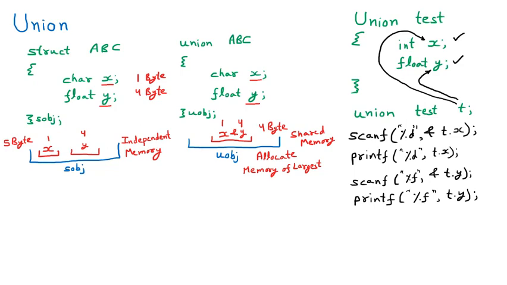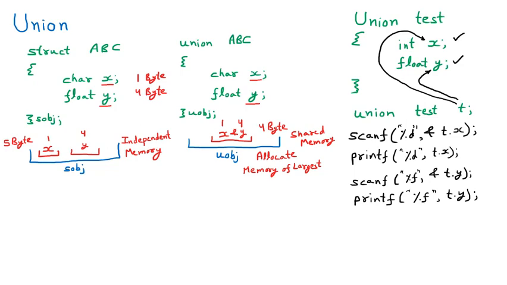Because we are using the shared memory, at a time only one can access. So that's why I'm using the maximum memory. If 4 is there and Y is working on that memory, X will not work. Or if X is working, Y will not work. Because for both the memory is not sufficient.